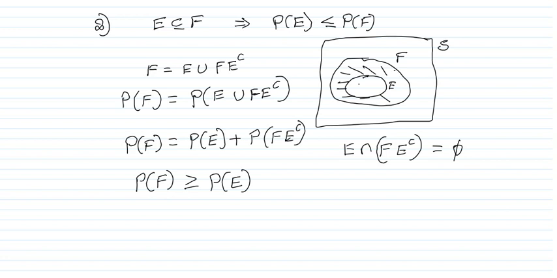When it is 0, it is equal to P of E. If it is not 0, that is more than P of E. So definitely I can say that probability of F is greater than or equal to P of E from this, right? Let me write it here: 0 is less than or equal to the probability of any event, not only for this, E complement, is less than or equal to 1. Okay, so this is the result we'd like to prove.